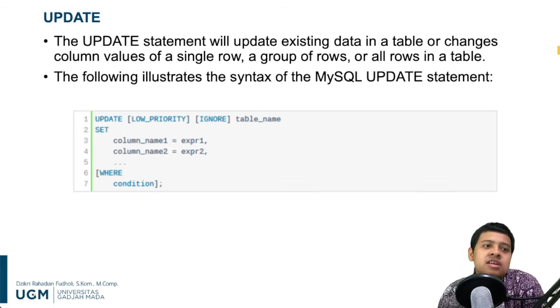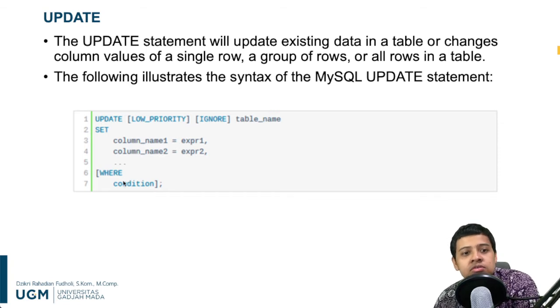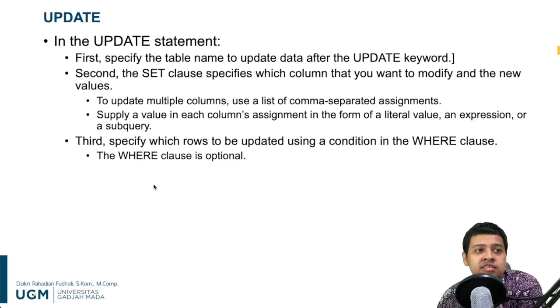So we see here update, and then there are low priority and ignore. These in the square brackets here are optional. And then we put the table name, and then we set the column name with some expression, and so on. Usually the update will be followed by a condition, with where. Let's see the example.